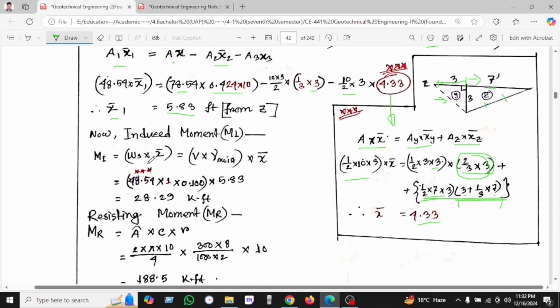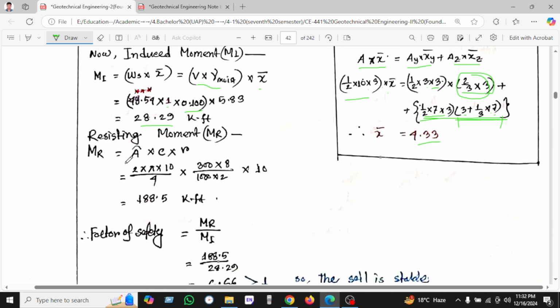So in this moment, W into x bar, also volume into unit weight of soil, and x bar, and volume we know 48.58. One is steep, and 100 is unit weight, and found 48.89.